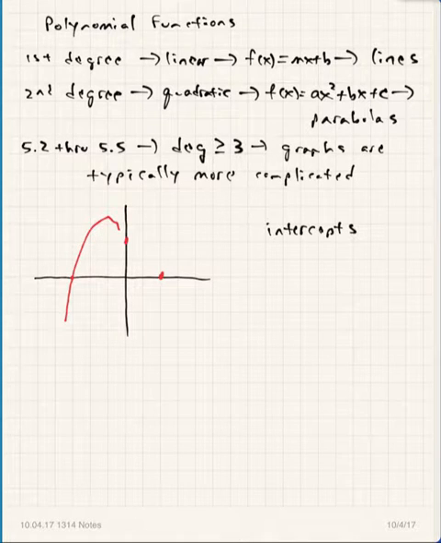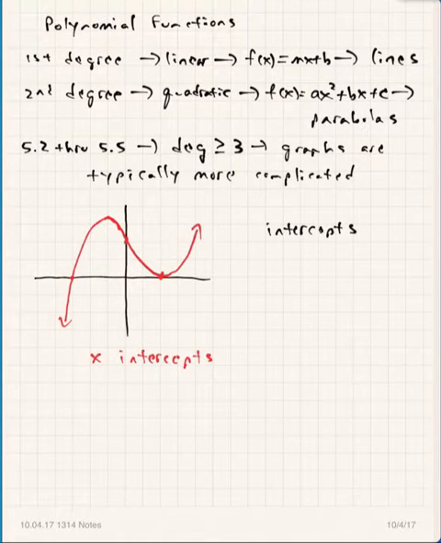Well, that's a typical old polynomial graph. And so the x-intercepts for a graph like this are the places where the graph crosses the x-axis. And that would be an x-intercept right there and an x-intercept right there.